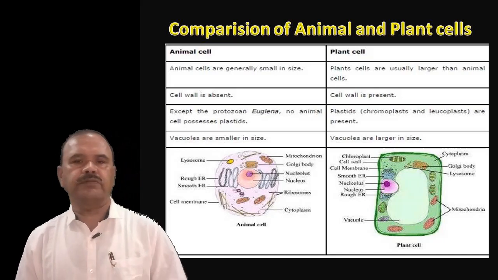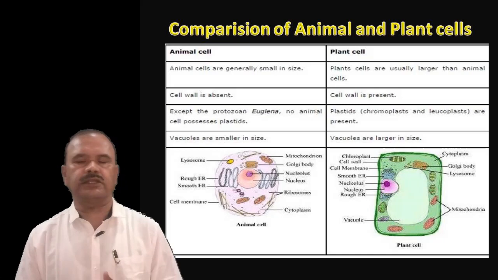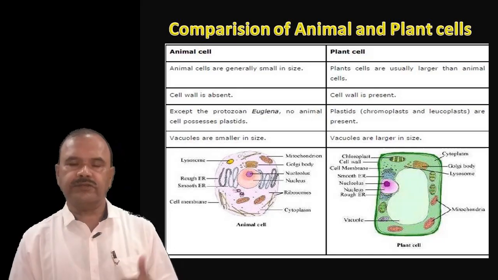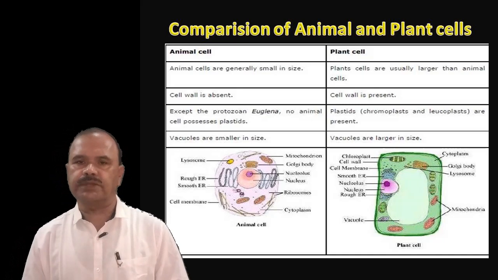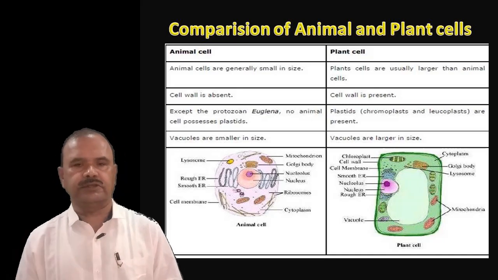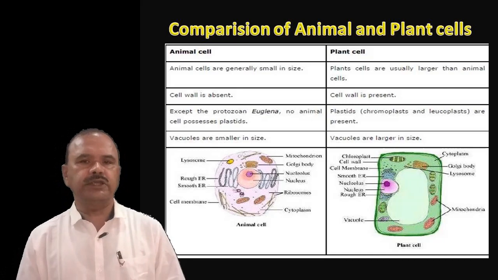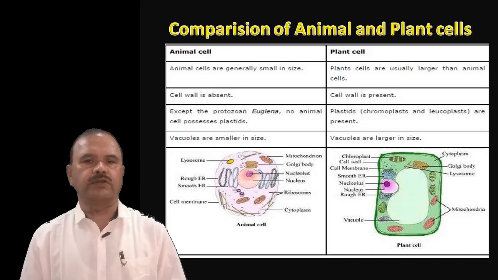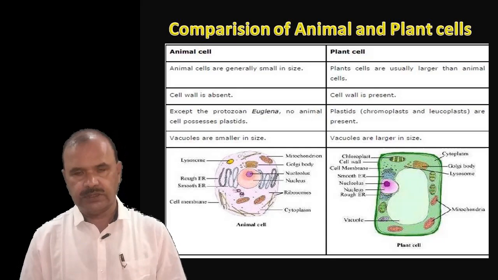So the first prominent difference between the plant cell and the animal cell is the presence of cell wall. We can say the cell wall is present in the plant cells while it is absent in animal cells. Second prominent difference is the presence of vacuole, and its number.